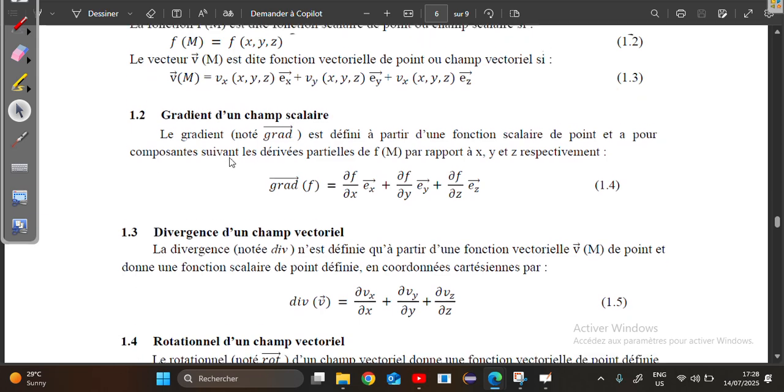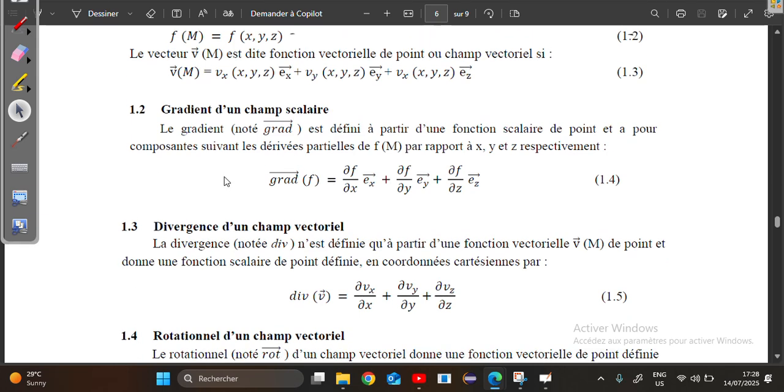Now, one mathematical tool that we're going to learn today is the gradient of a function. So if you have a function and you are asked to find the gradient of that function, notice that the gradient has got an arrow.